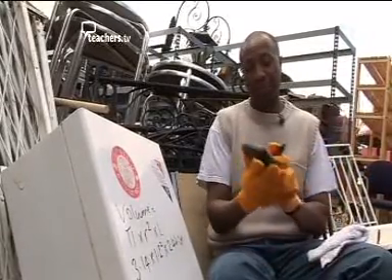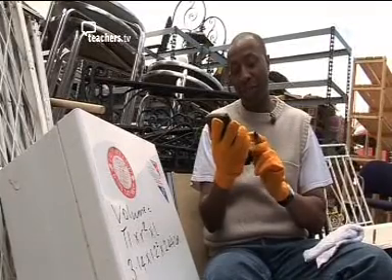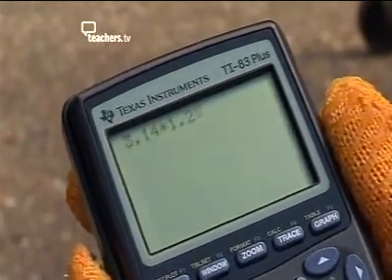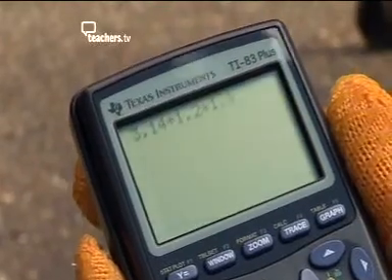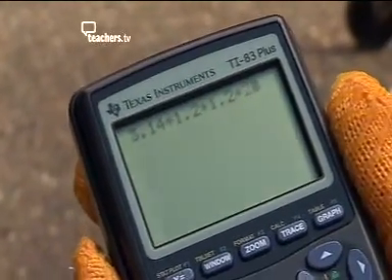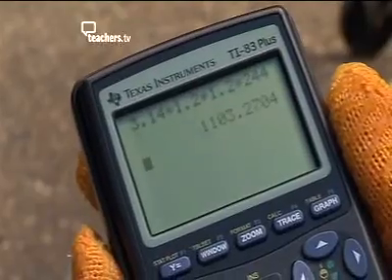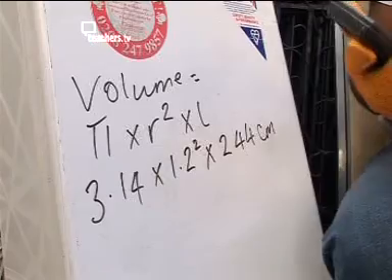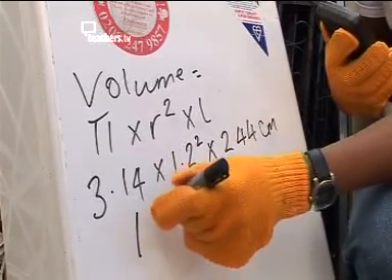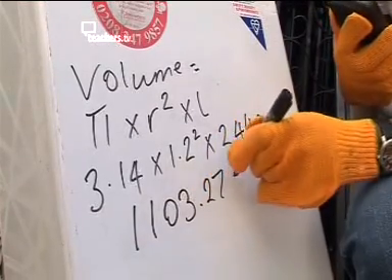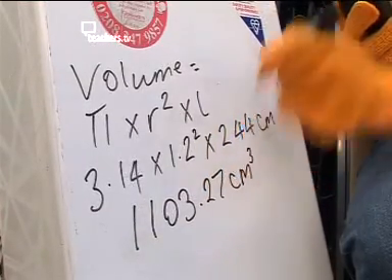That is 3.14 multiplied by 1.2 multiplied by 1.2 multiplied by 244 gives us a total of 1,103.27 centimetres cubed.